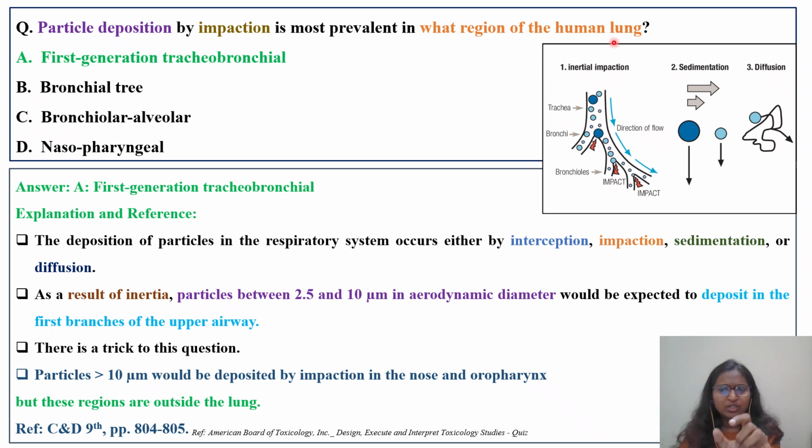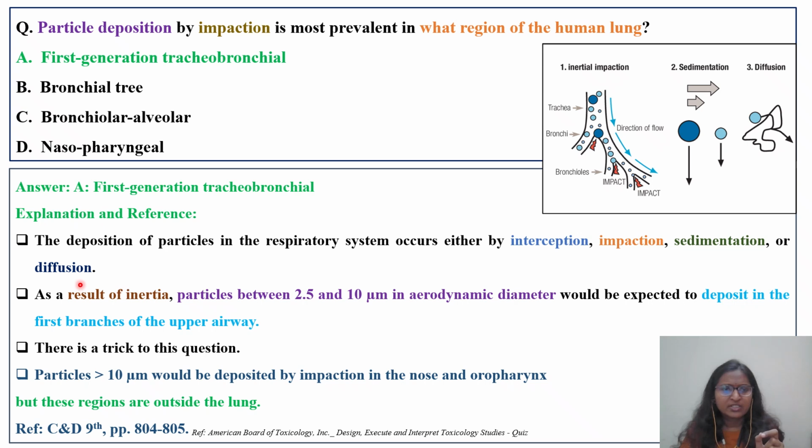We should know which part of the lung, what the particle size is, and what mechanism, whether it is impaction, dispersion or sedimentation. Option A is first generation tracheobronchial. Option B is bronchial tree. Option C is bronchiolar alveolar. Option D is nasopharyngeal. The right answer, in green text, is option A, first generation tracheobronchial.